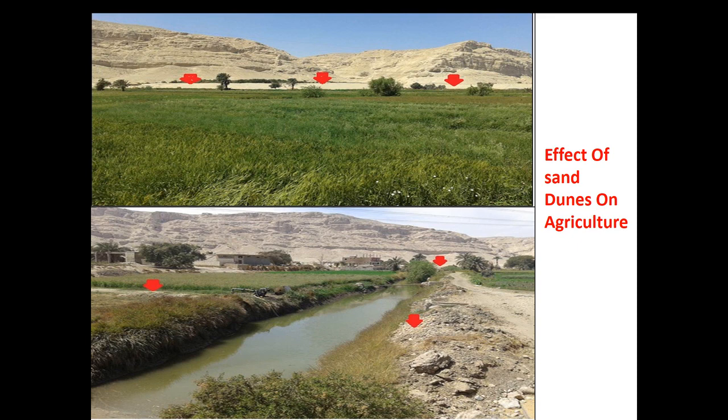We can see some crops farmed on mountains, such as trees and grapes, irrigated by pumping water to a high level, but that needs more money.